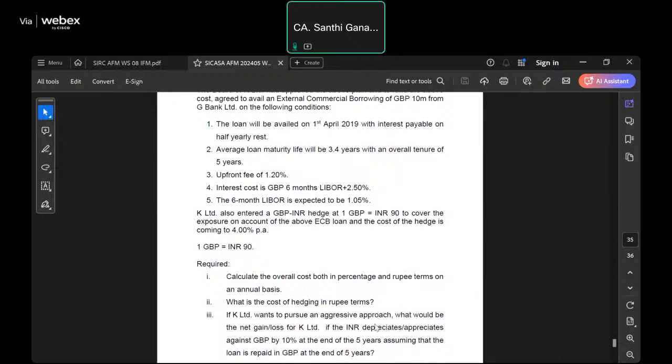Now, there is a term in this problem. What is that? Average loan maturity life will be 3.4 years. What is the meaning of average loan maturity life? What does it mean?